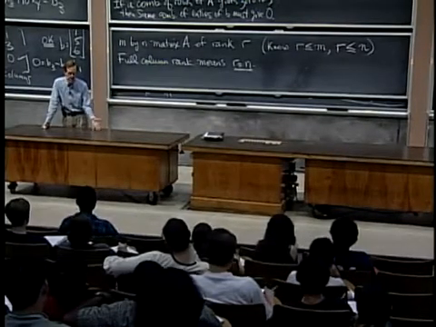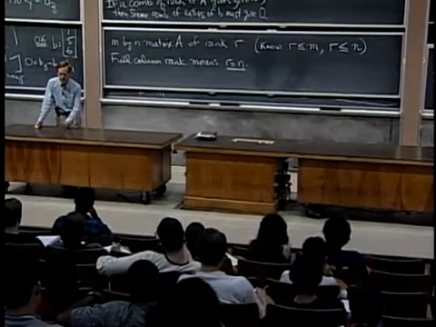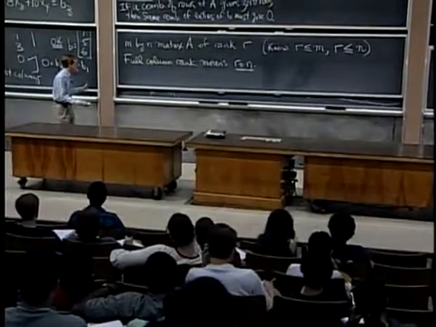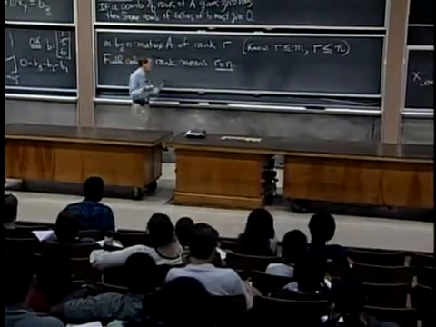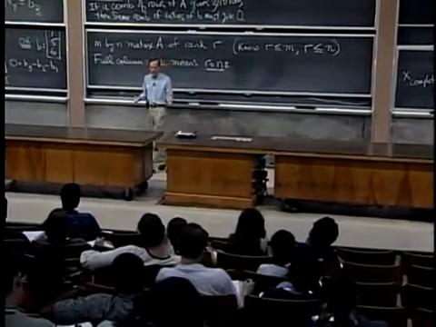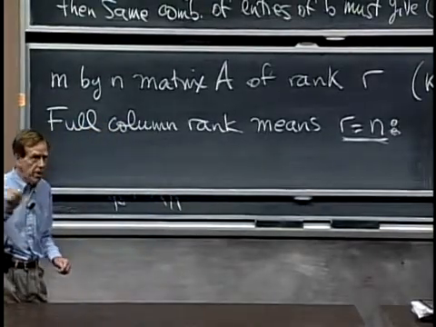What does that tell us about the null space? What does that tell us about the complete solution? Okay, so if the rank is N, what does that mean? That means there's a pivot in every column.